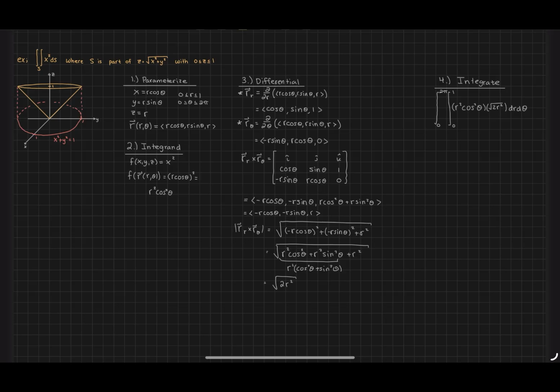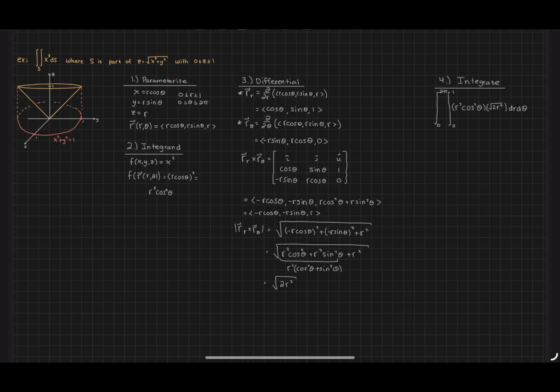So that r dr d theta that we're used to when we translate our Cartesian coordinates to polar coordinates in double integrals, we don't need. We only need this differential dr d theta. Essentially, this differential acts as the Jacobian for this double integral, for this change of coordinate systems.